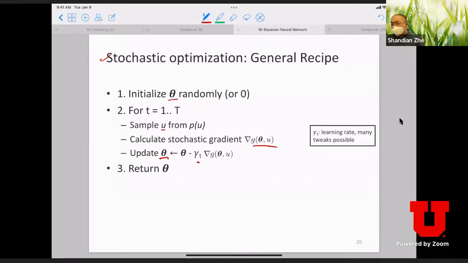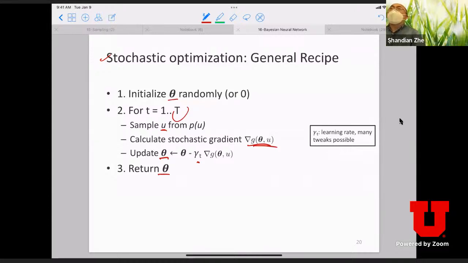We sample another value of U from P of U, calculate the stochastic gradient again, and use it to update theta. We keep doing this until some maximum number of iterations is reached or a convergence test has passed. And then we return theta.